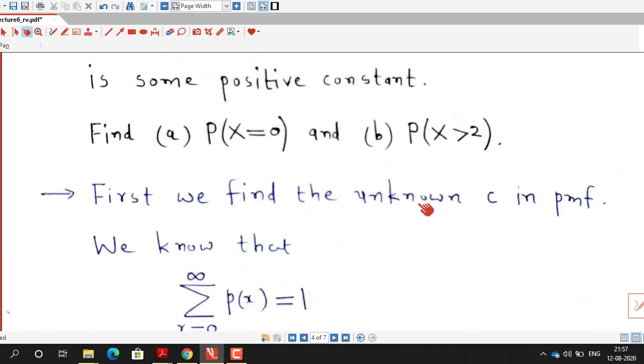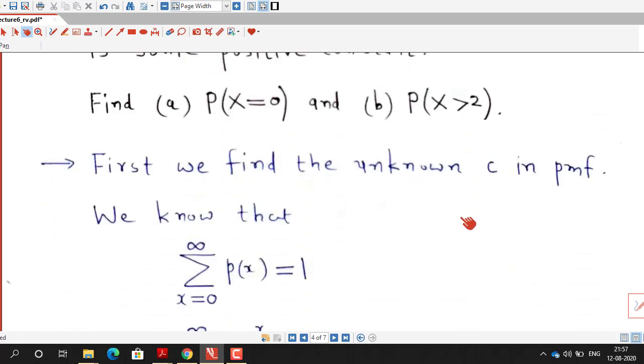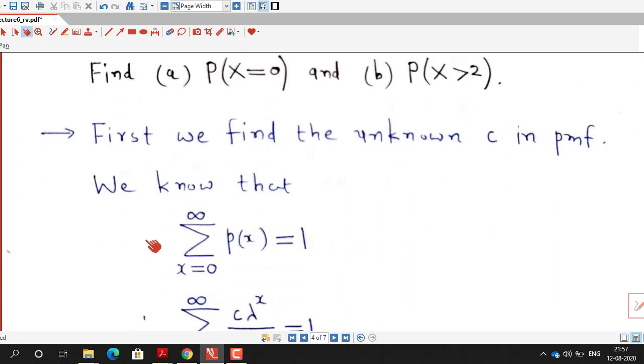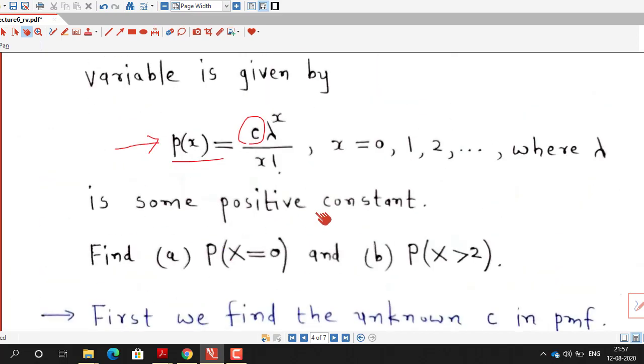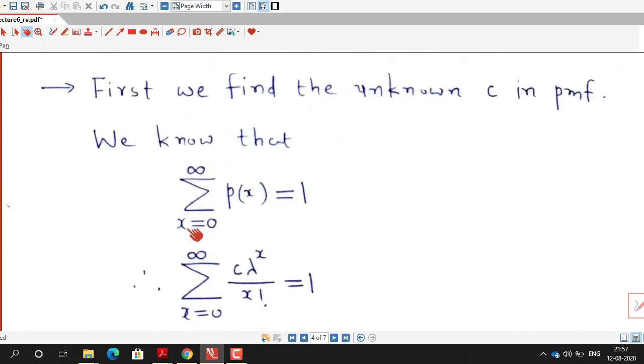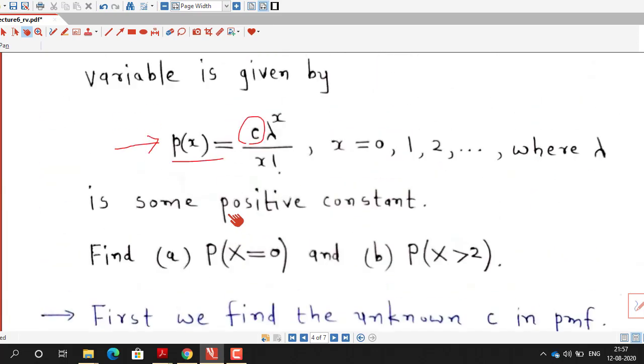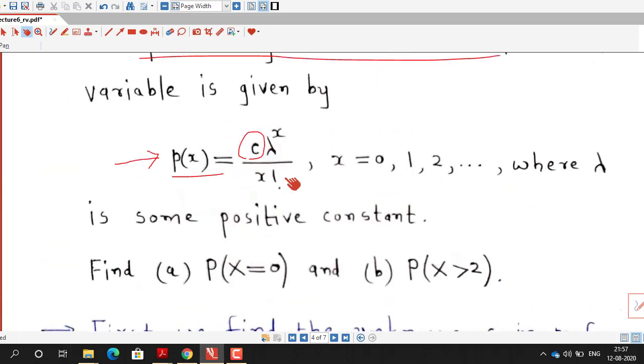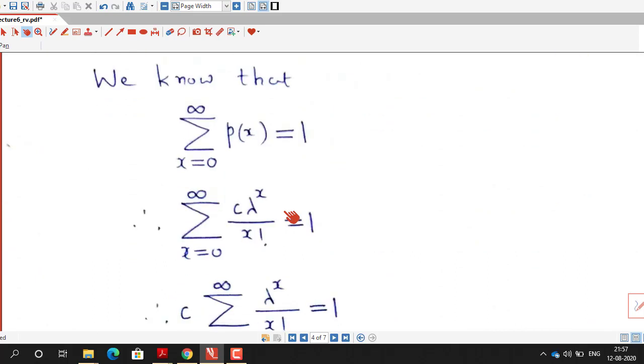So first we find the unknown constant c using this fact: the summation of all possible values of the probability mass function must be 1, because this summation is nothing but the summation over all the possible events. Here x starts from 0 and there is no upper bound, so the summation runs from x equal to 0 to infinity of p of x, which is c lambda raised to x upon x factorial.